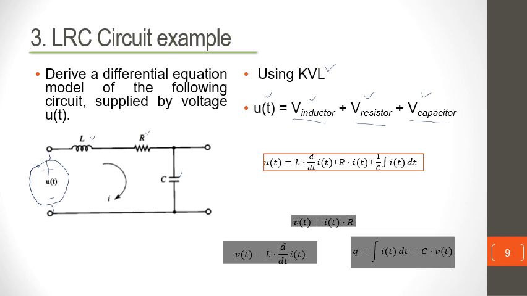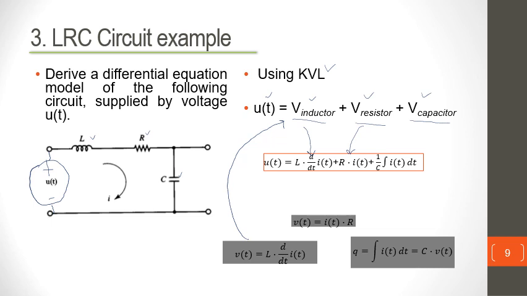However, we have previously learned that the voltage across the inductor is proportional to the change in current. So V is equal to L di/dt. Therefore, the voltage across the inductor can be represented as that. And the voltage across the resistor is equal to the current multiplied by the resistance.